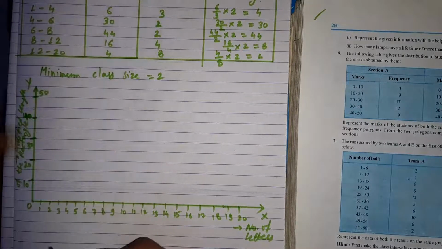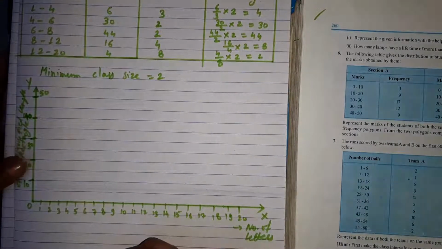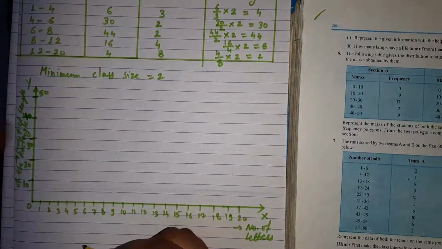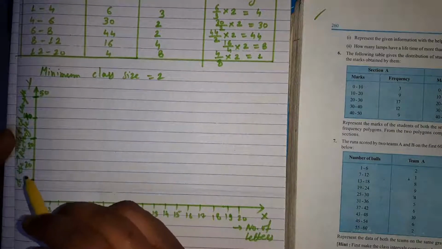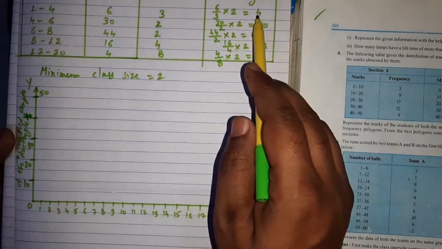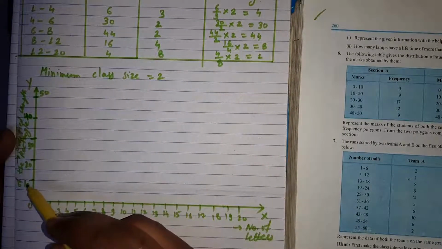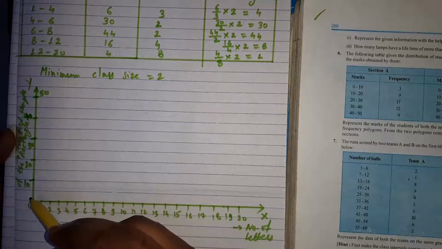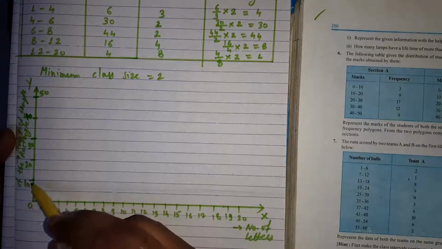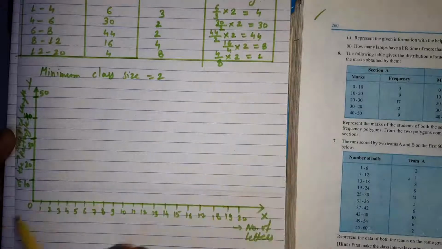For the first class interval 1 to 4, the length of the rectangle is 4. So 4 lies between 0 and 10, and the fourth line will represent 4.